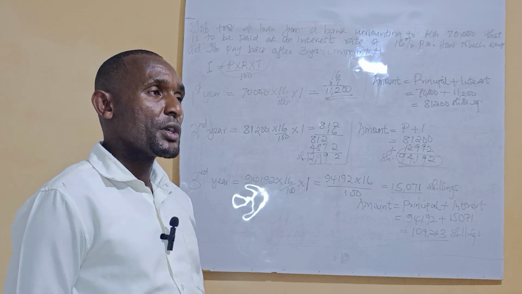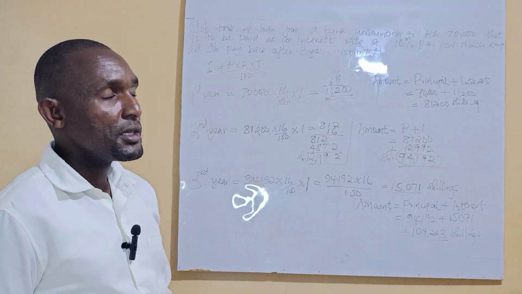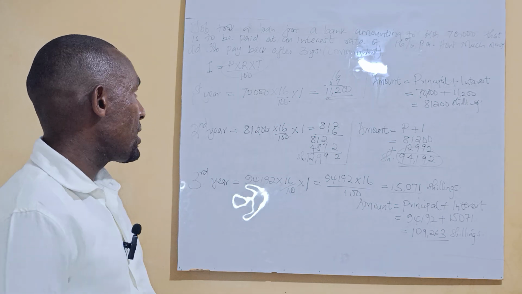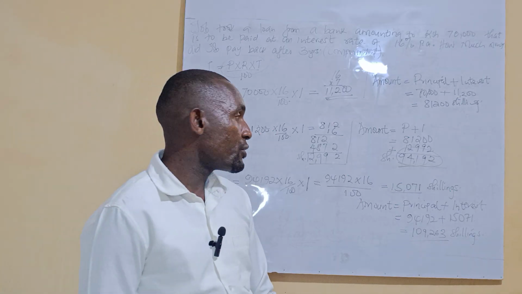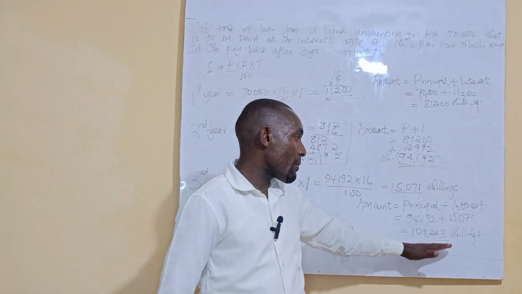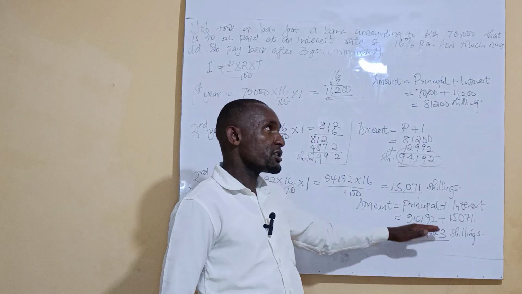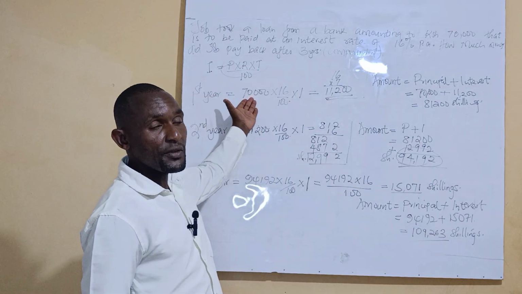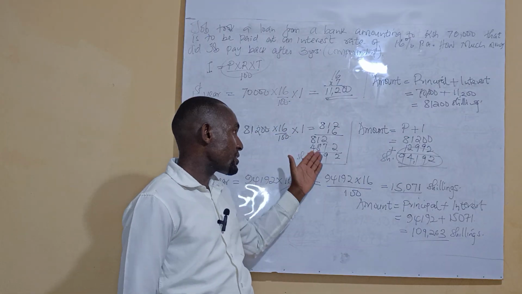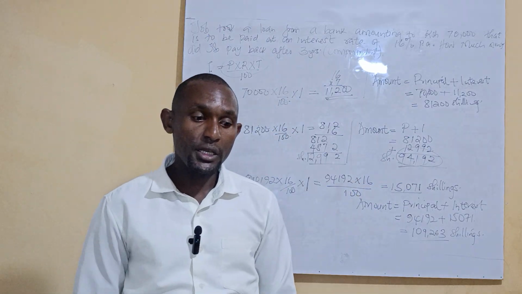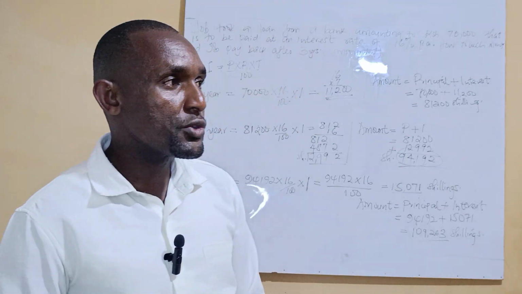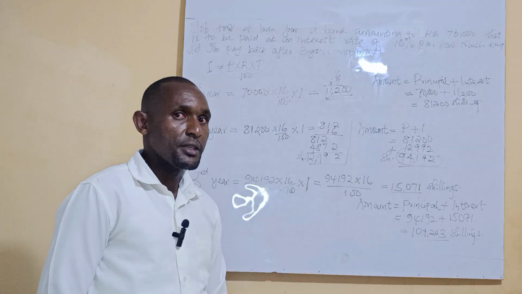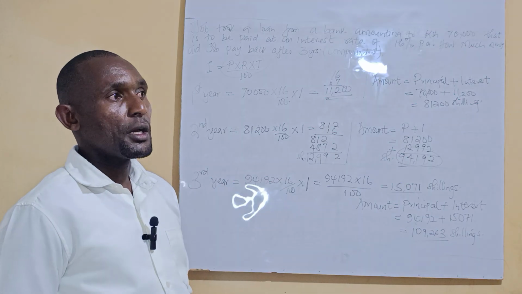What if the question is also asking about how much money he had in the bank by the end of the third year, which is simply the total amount, which is the initial amount, 70,000, plus the interest that you have already answered. So that is simply how we use the long method to calculate this question.